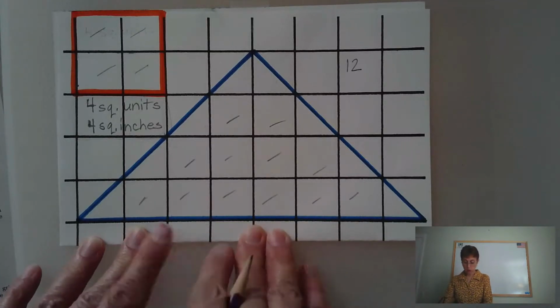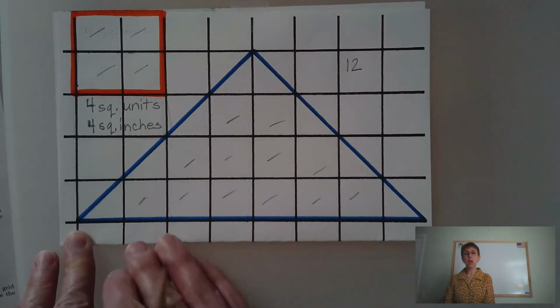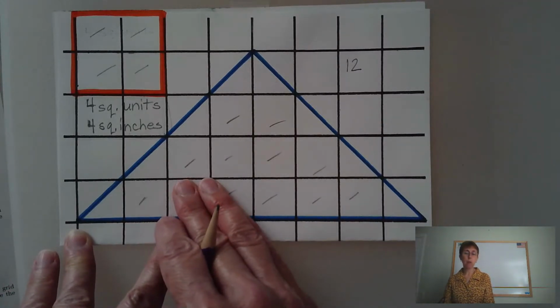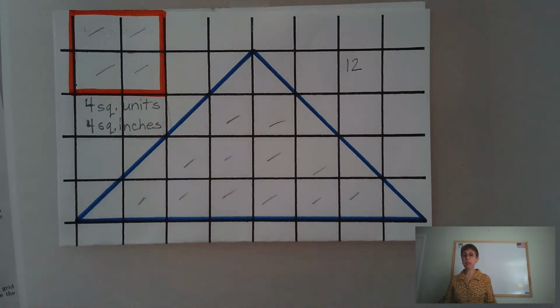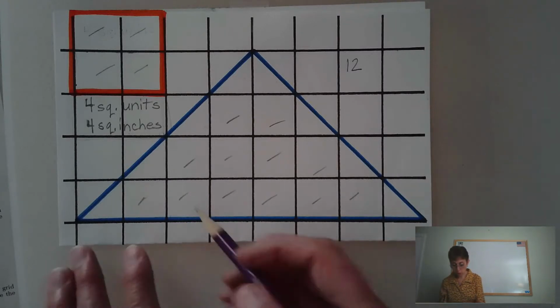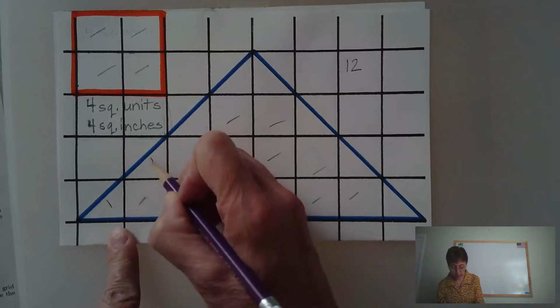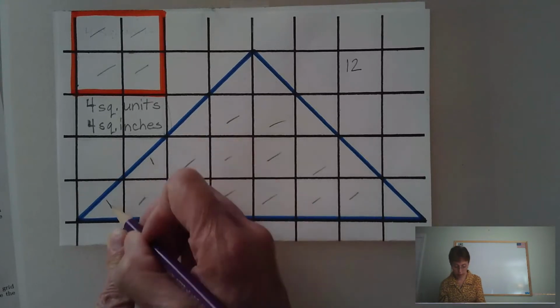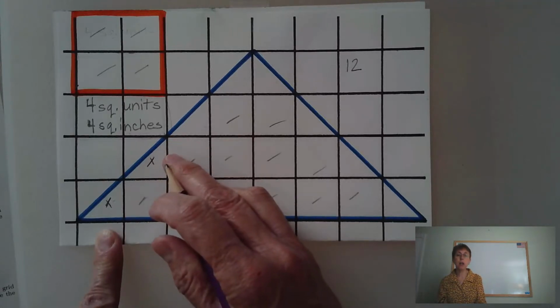This first strategy for estimating area says that then you look at all of the parts of squares that you have, and you see if you can put pieces together that will make up a whole square. So when we look here, it's clear that this piece and this piece are each a half of a square. So this half plus this half gives me another whole.